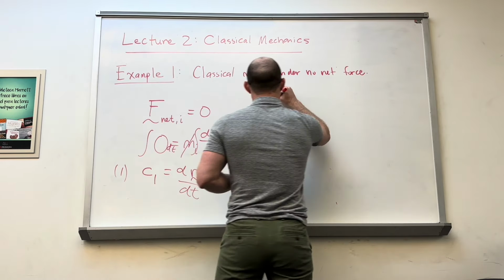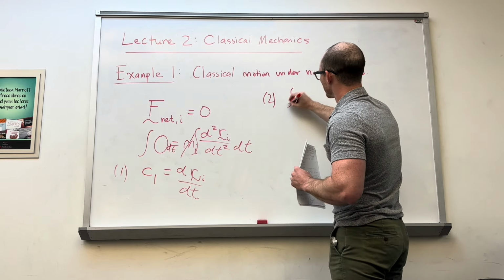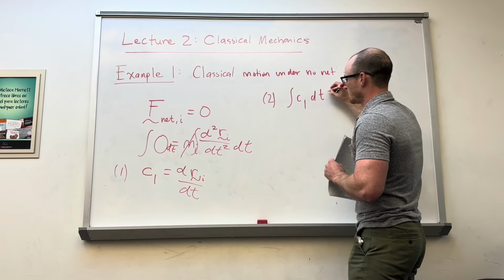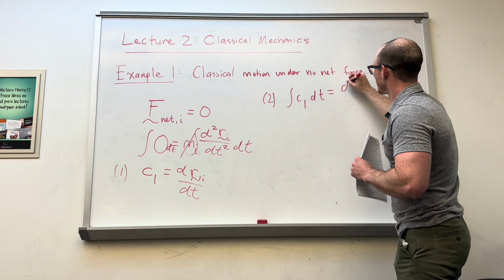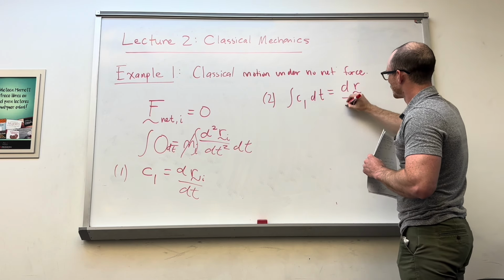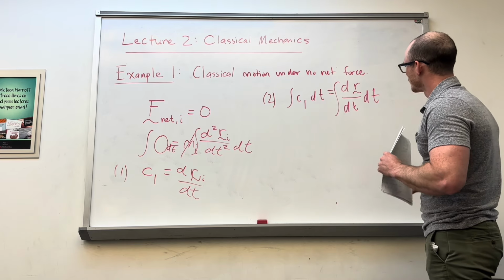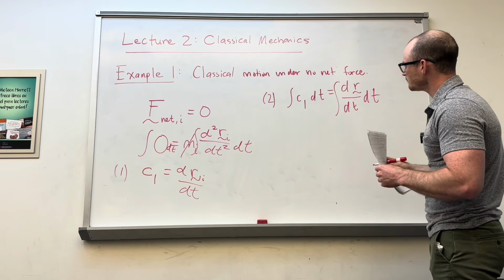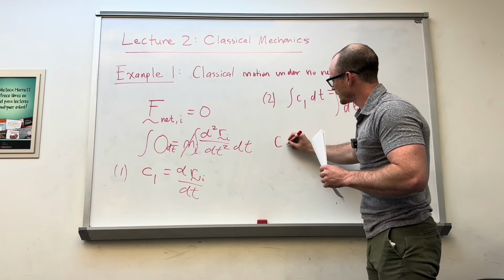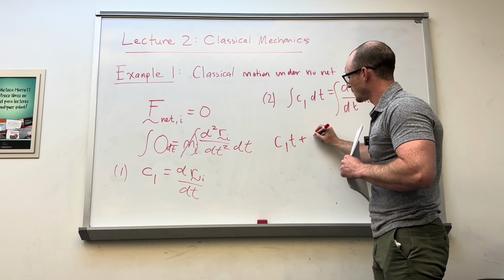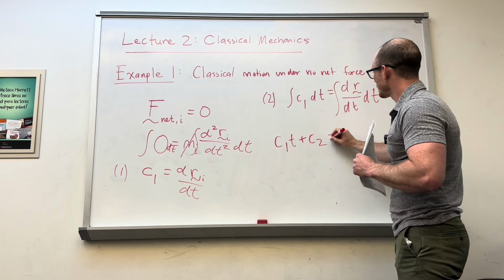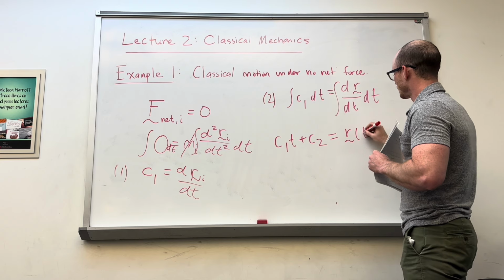Step 2. Let's take the integral of both sides again with respect to time. And now we're going to have, on the left-hand side, c1 t plus some constant c2 is equal to r of t.